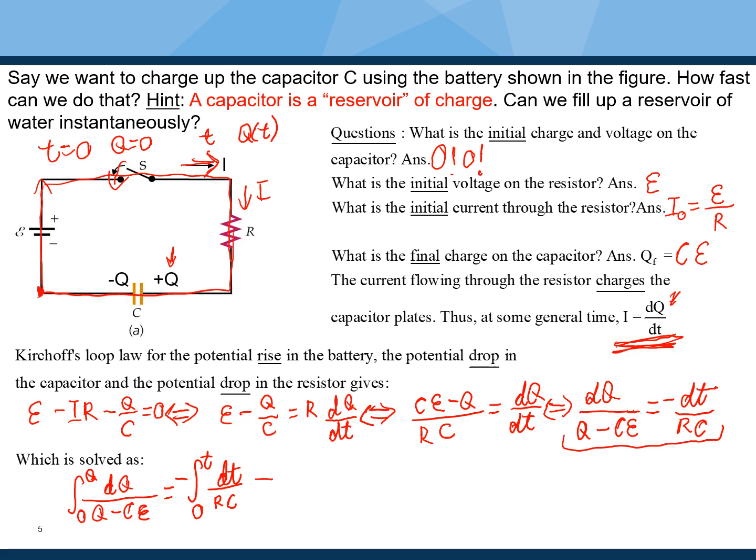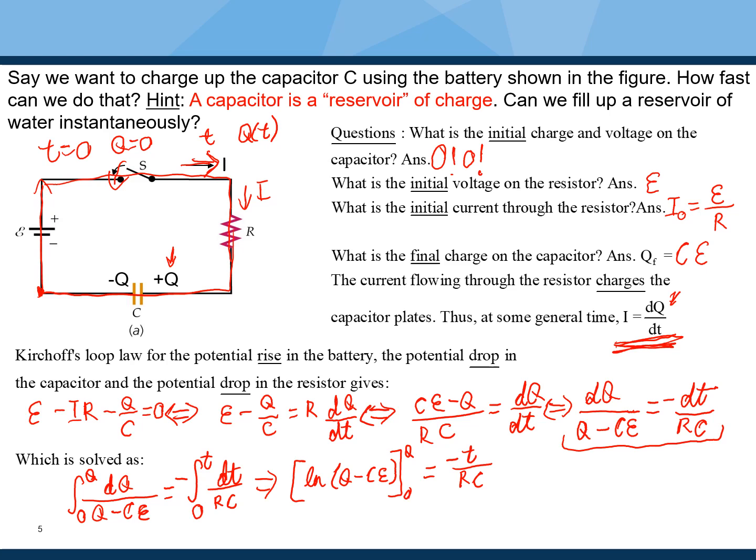So this tells us that we have natural log of (Q minus C times E) as the integral on the left-hand side, and this has to be integrated with the limits going from 0 to capital Q, and on the right-hand side we have minus t divided by RC.